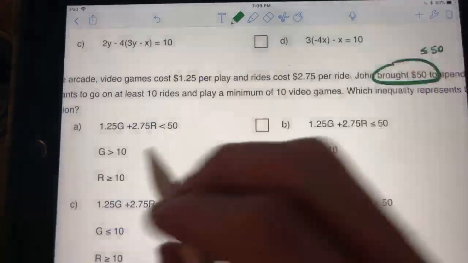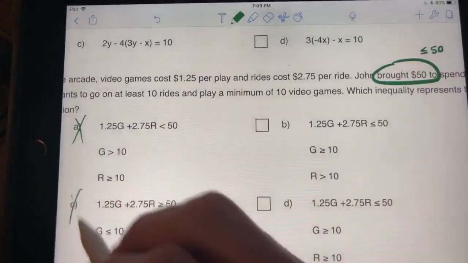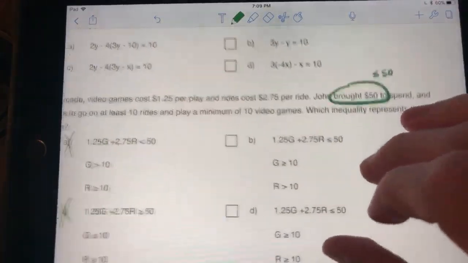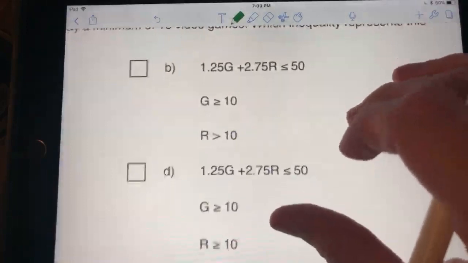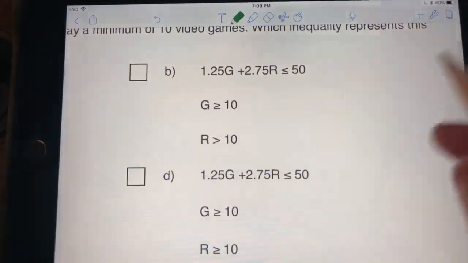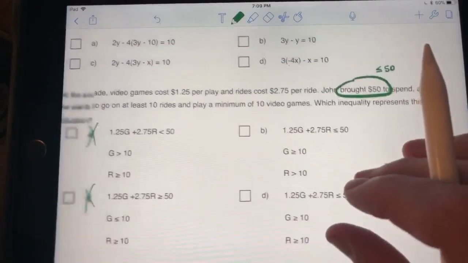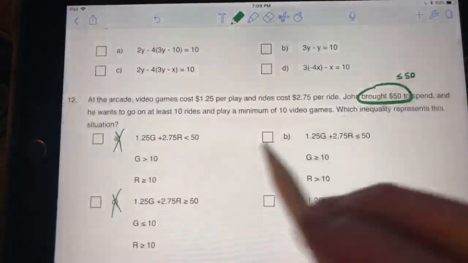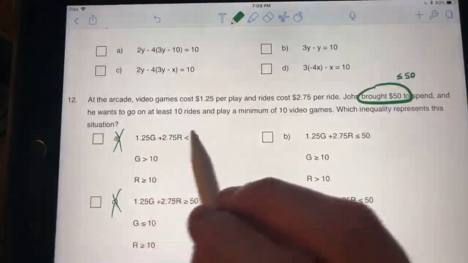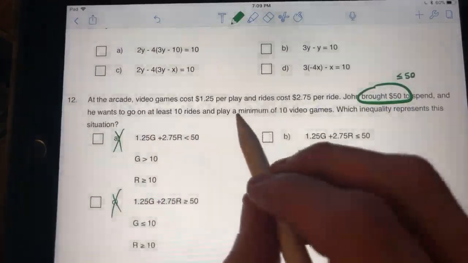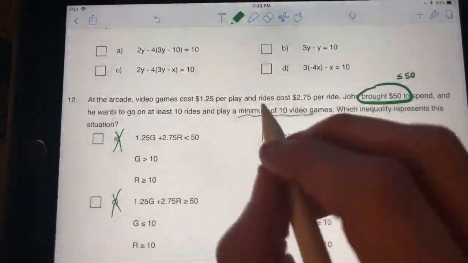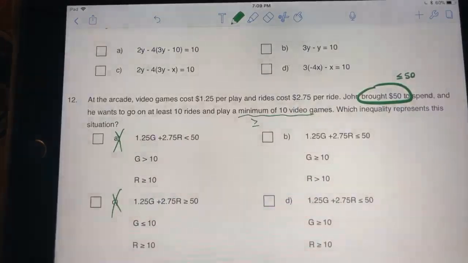So that crosses off A and C. And now looking at the differences, let's look at B and D. The top is the same, obviously. G is greater than or equal to 10. The only difference is with R. So let's look at the rides. Let's just double check. He wants to play a minimum of 10 video games. That makes sense. Minimum, we say greater than or equal to.